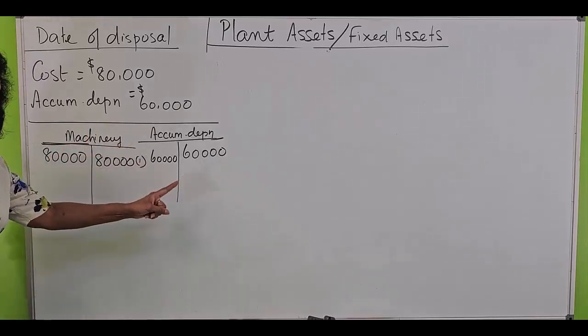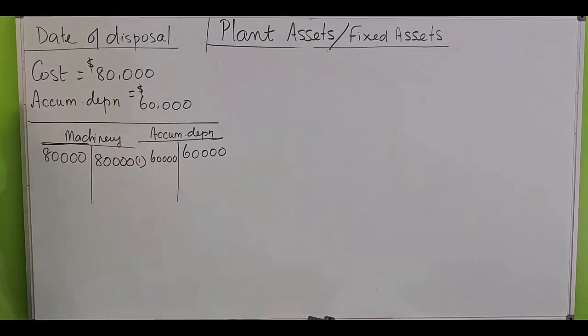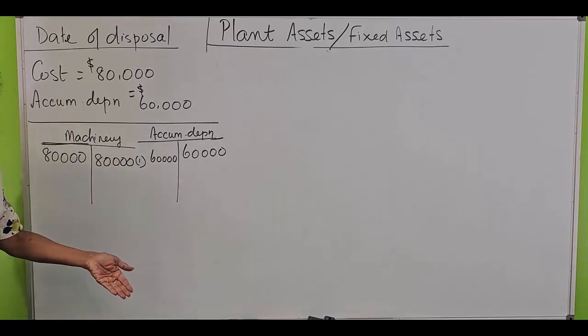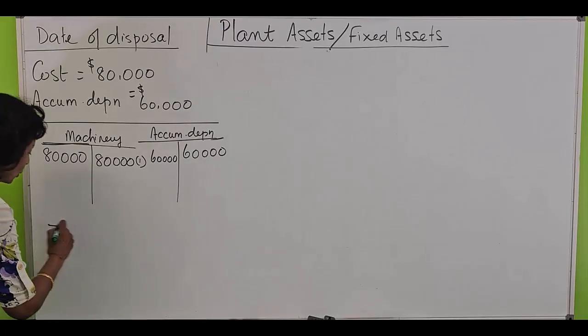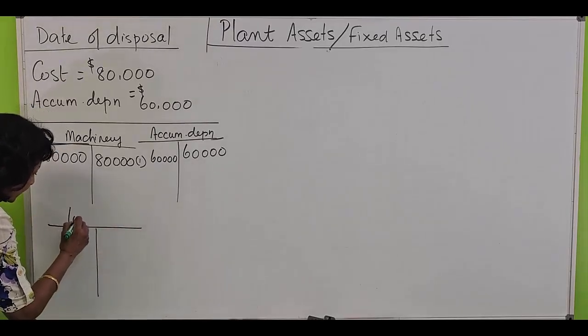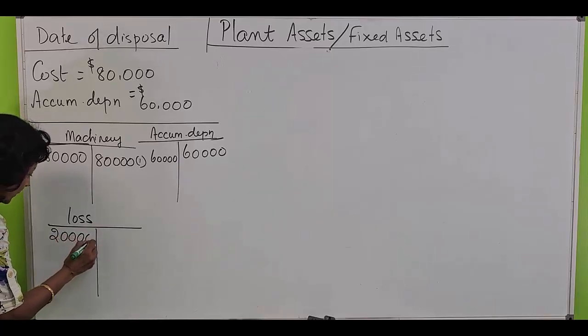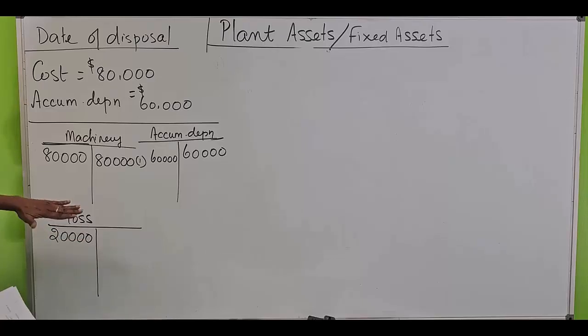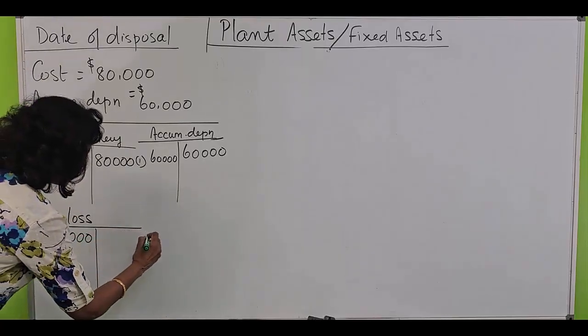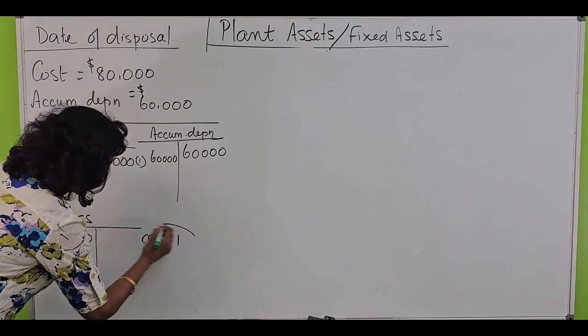So at this point, the book value of the property is $20,000. So the company is throwing away $20,000 worth of the machine. So that would be a loss. So you will record the loss on disposal, $20,000. This is case 1.